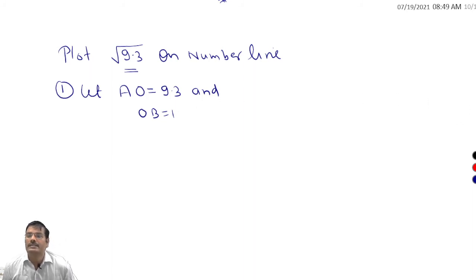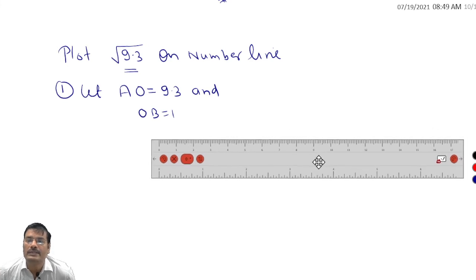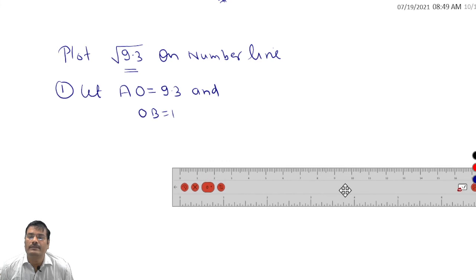How do we draw this line? First of all we have to draw the line of 9.3 centimeter, and then 9.3 plus 1, that is 10.3 centimeter.